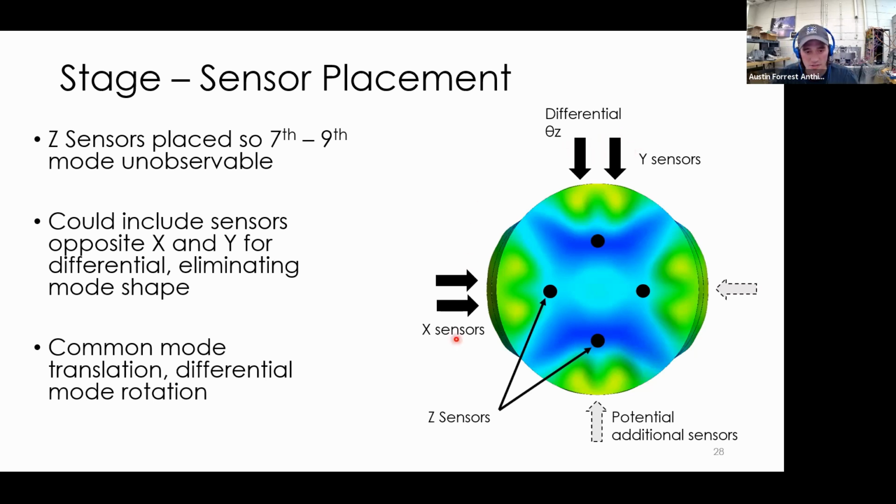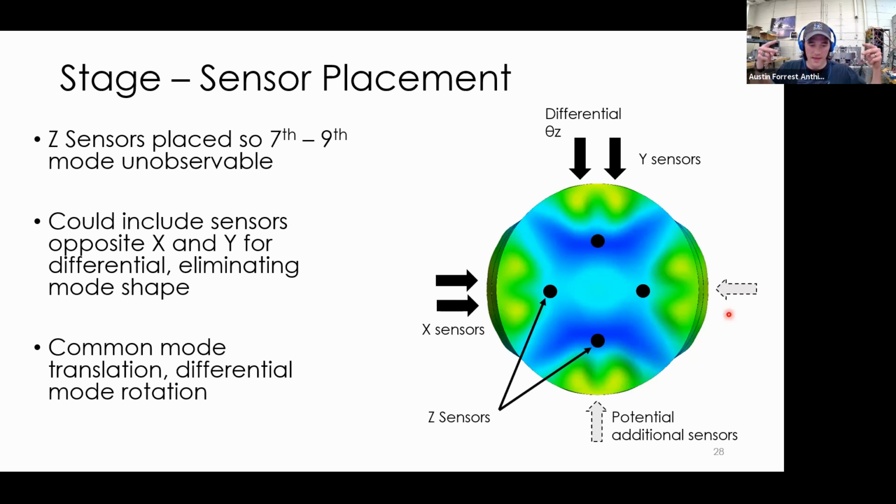The X and Y sensors can observe clearly if they're in this maximum movement area of this mode. So we had the option of putting in additional sensors on the other side.